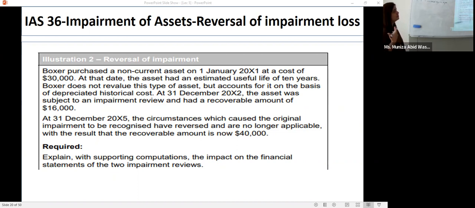At 31st December 2002, the asset was subject to an impairment review and had a recoverable amount of $16,000. So this is the first impairment review.